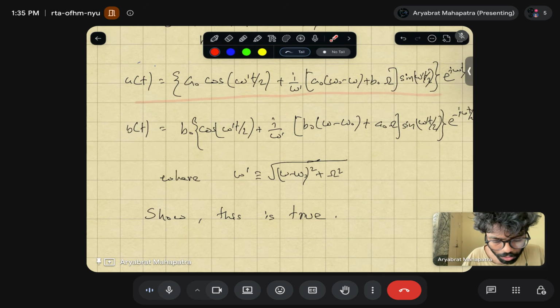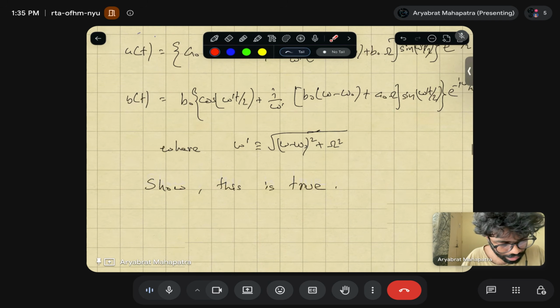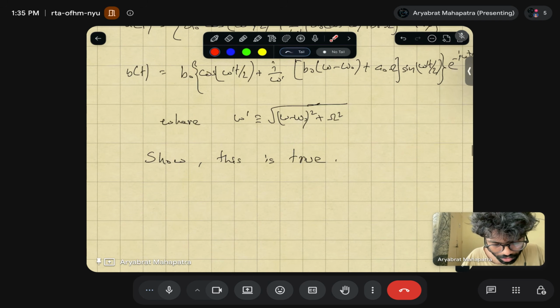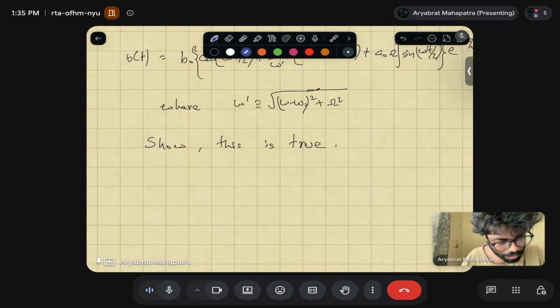In general, how do we start this? Suppose this is given, for example, this is the Hamiltonian which we started with. So this is the Hamiltonian.